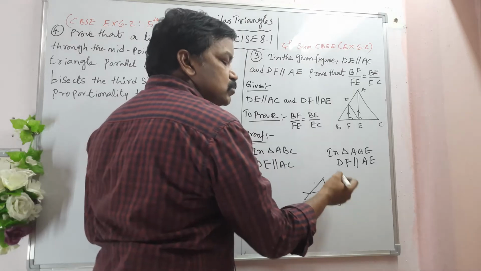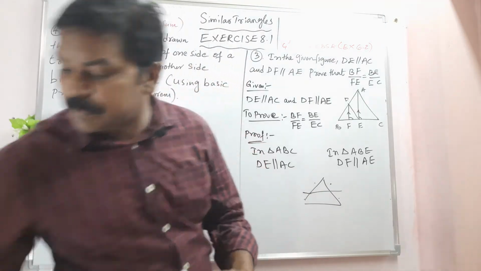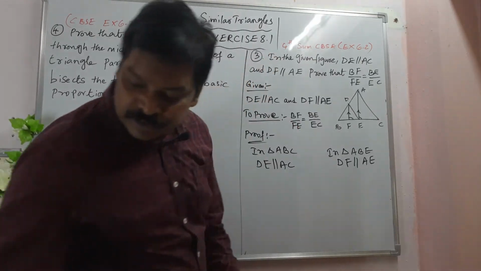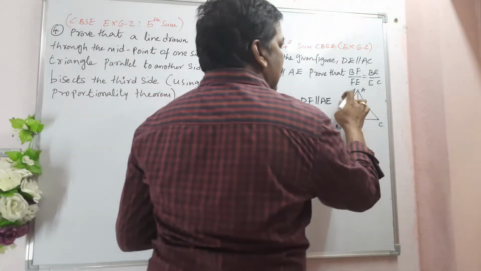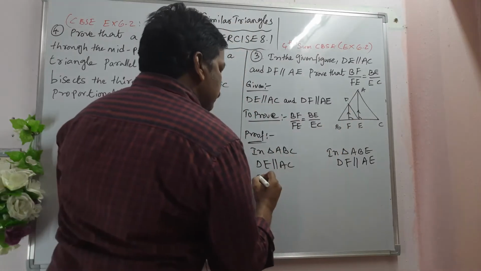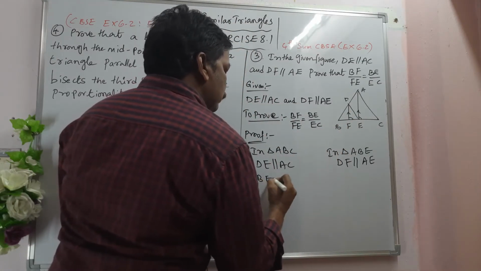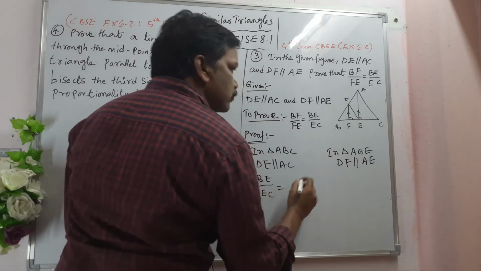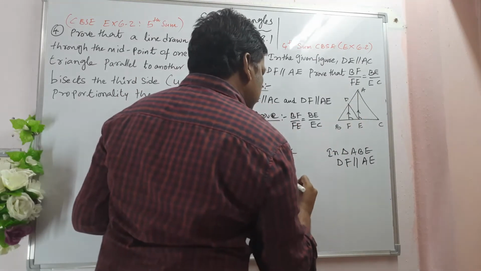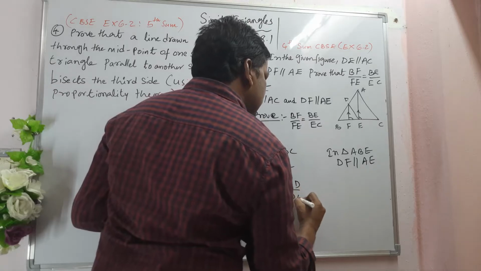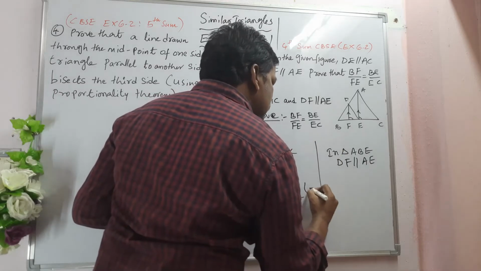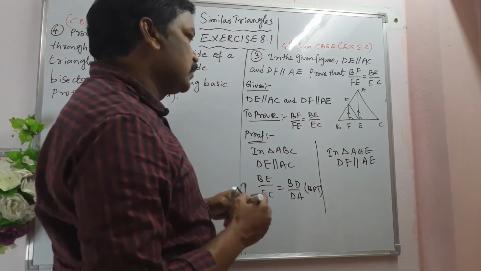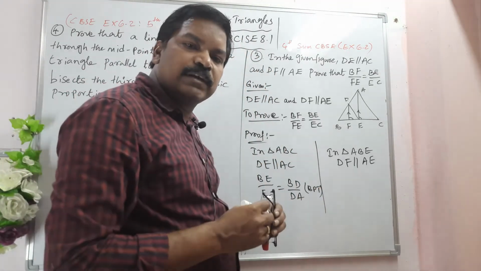That means here DE is parallel to AC, so BE by EC is equal to BD by DA. So what is the reason? Since basic proportionality theorem, BE by EC is equal to BD by DA.